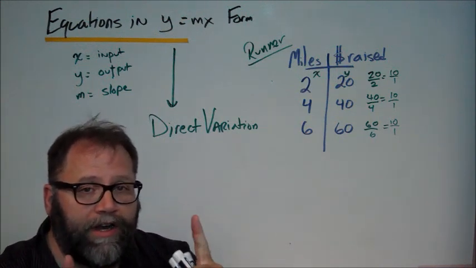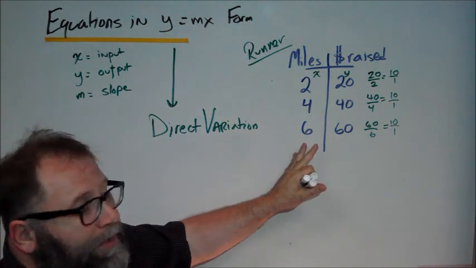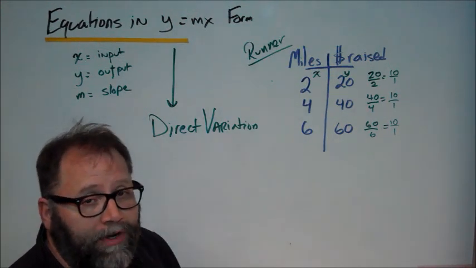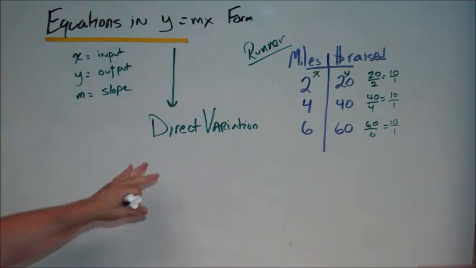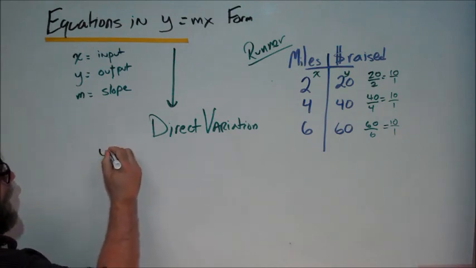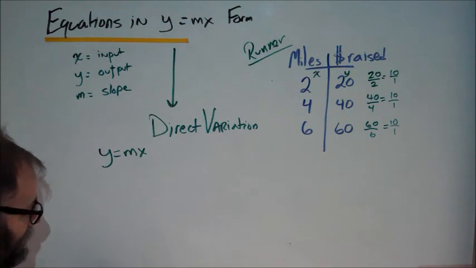Direct variation means that our x is only having one thing happening to it. There's a direct variation between the input and the output, so that whatever's happening for the input is giving us the exact same proportional output every single time. Now, the twist with this is that when we have equations that are y equals mx, let's go back to this equation here.